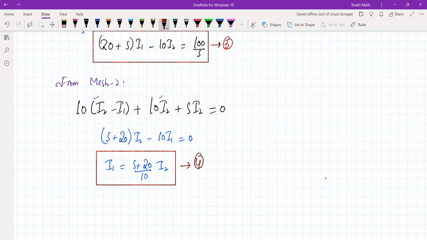Now, to solve for I1 and I2, we'll substitute one equation into the other, as we used to do in lower classes, how to solve the algebra.